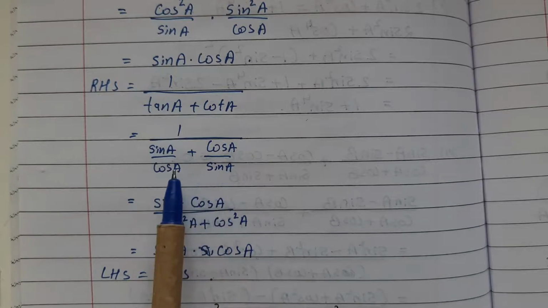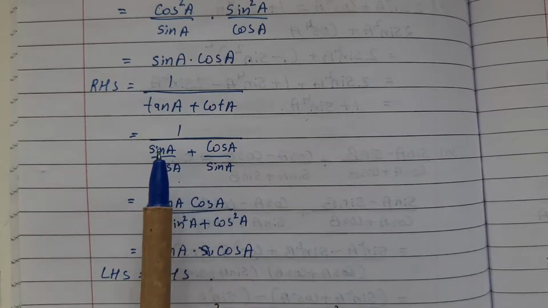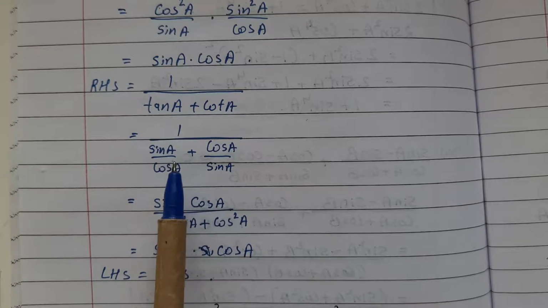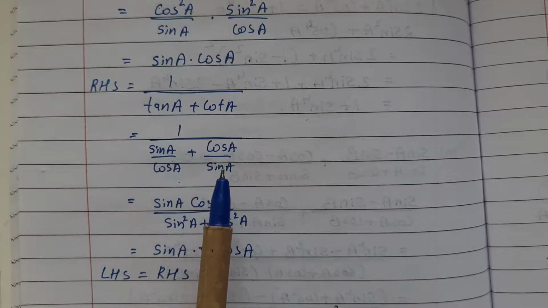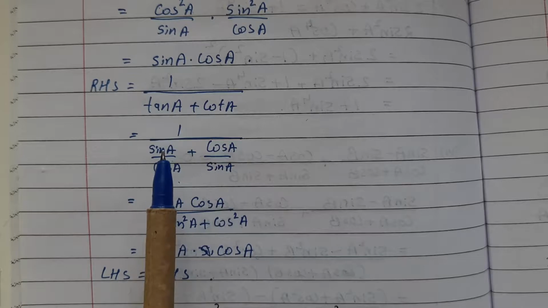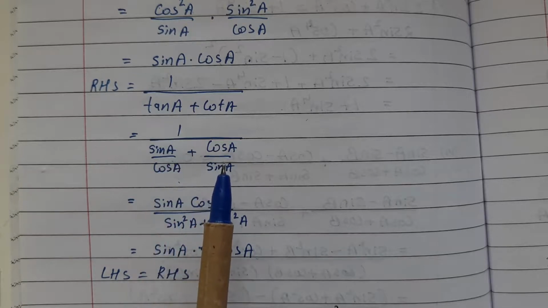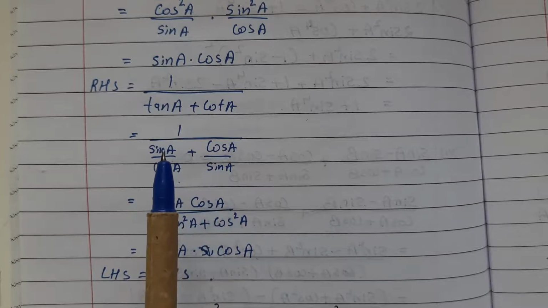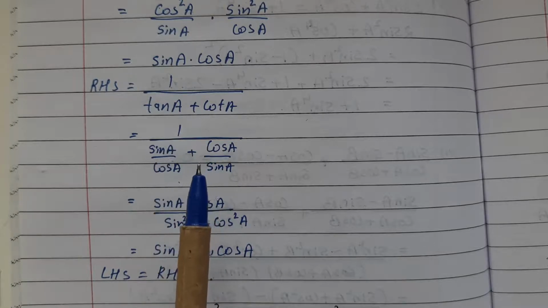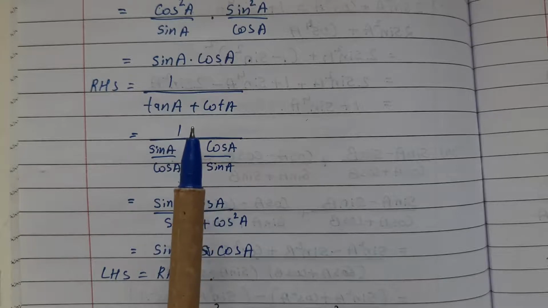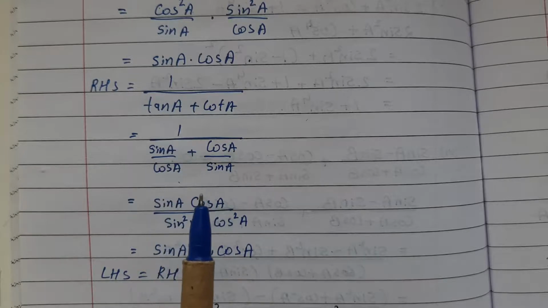The LCM of these terms is cos A into sin A. So multiply and divide this term by sin A and this term by cos A. We get sin square A upon sin A cos A plus cos square A upon sin A cos A, which equals (sin square A plus cos square A) upon sin A cos A. Writing it with the fraction inverted, the numerator is sin A cos A upon sin square A plus cos square A, which is 1. So it equals sin A into cos A. Left hand side is equal to right hand side.